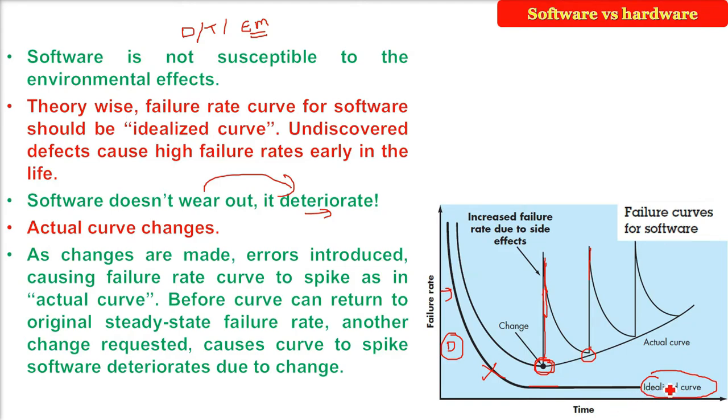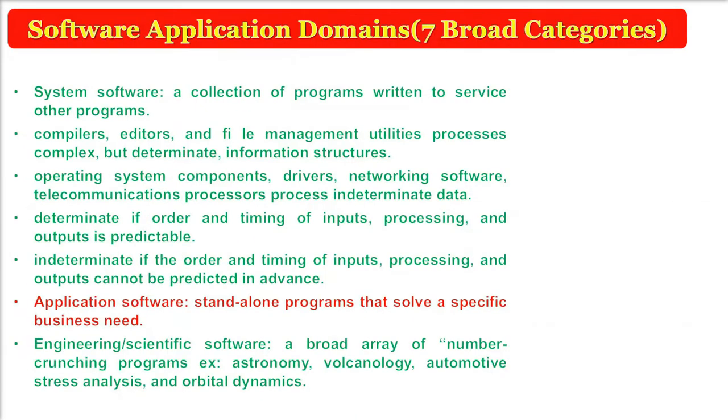That is why we say that software doesn't wear out, but it deteriorates. Every software failure is all about the design. If you have not designed it properly, there will be errors in the design, and there will be software failure for sure. So you need to make software such that if you change it, no problem happens.